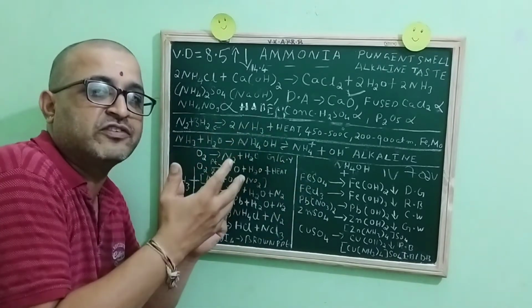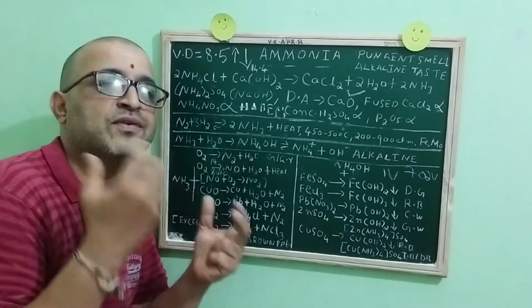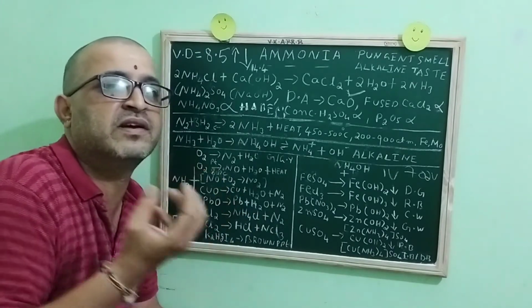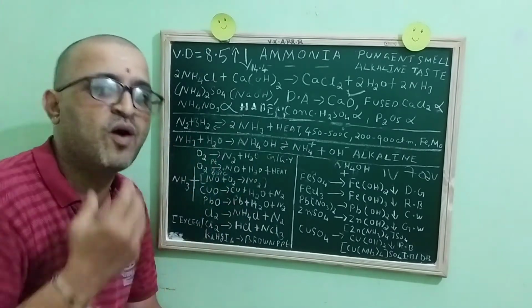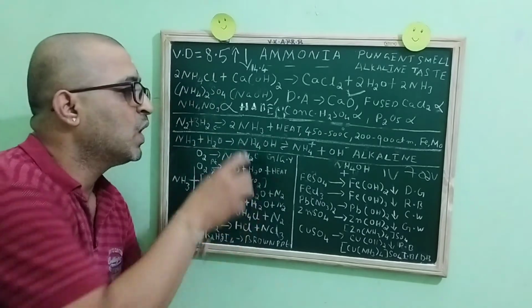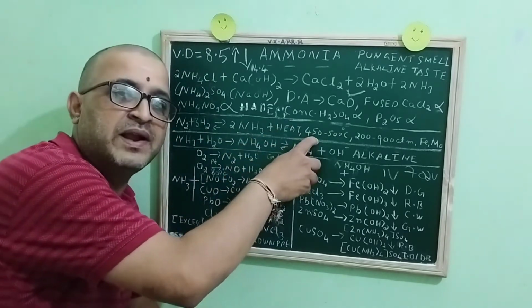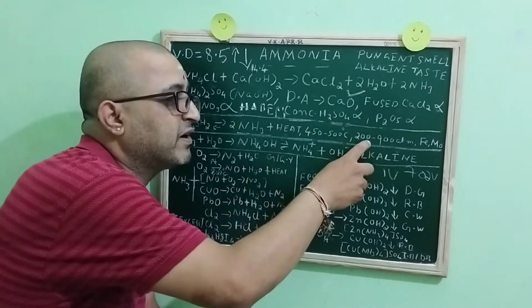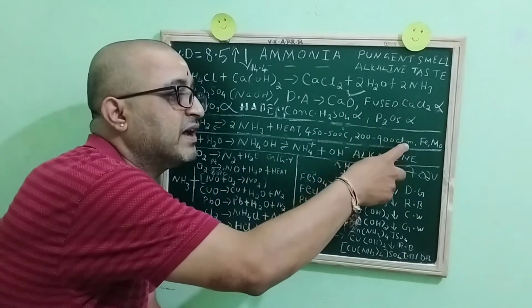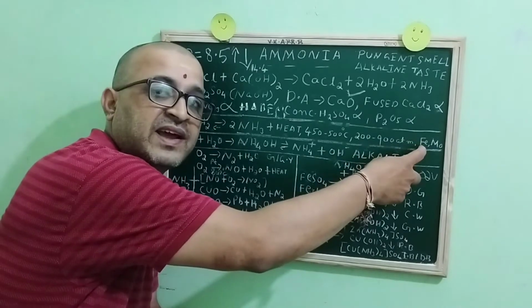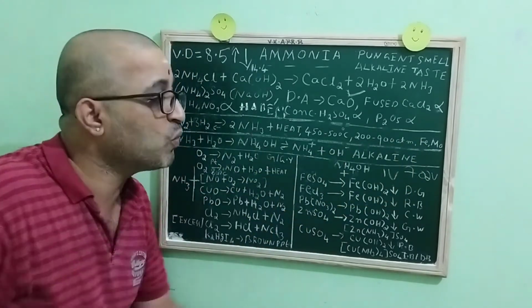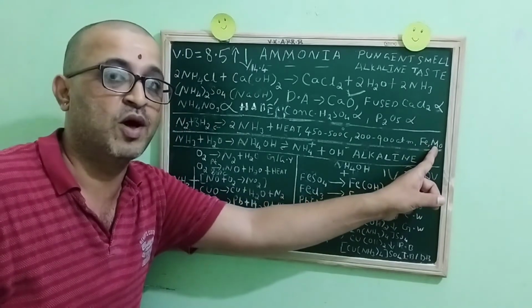So, to get maximum yield of ammonia, there are some favorable conditions: temperature, pressure, catalyst, promoter. All these things are required. What is the temperature we have to maintain? 450 to 500, the pressure is 200 to 900 atmosphere, the catalyst is finely divided iron, and the promoter we use is molybdenum.